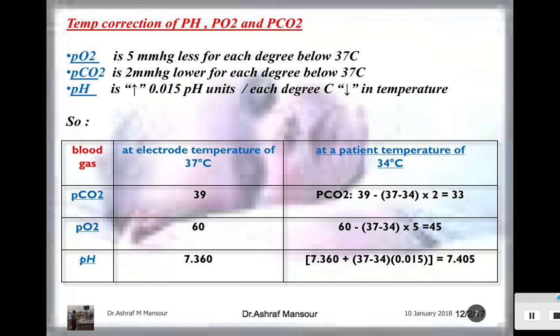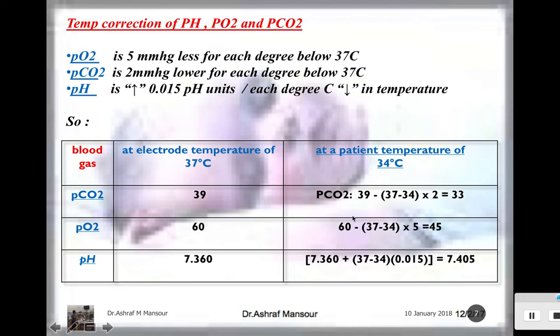The effect on the PO2 is 5 mmHg less for each degree lower than 37. So it is very important for us, the pH and the PCO2.